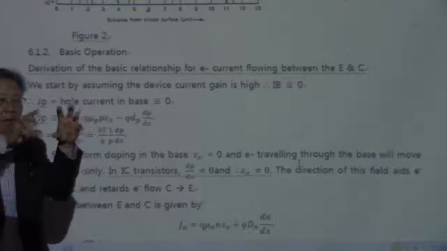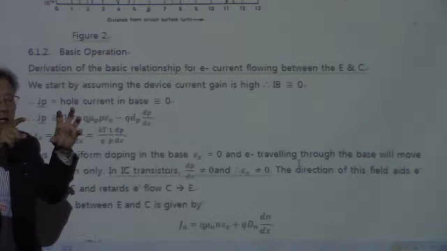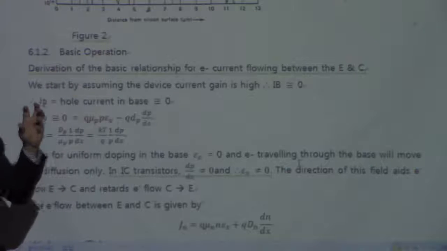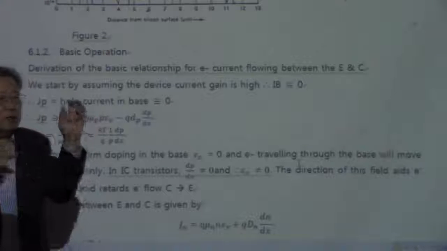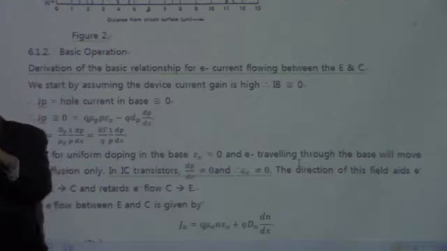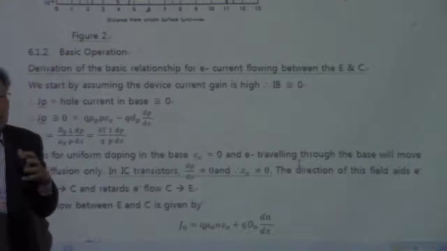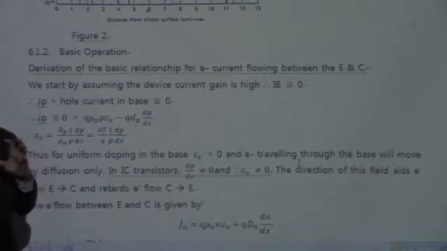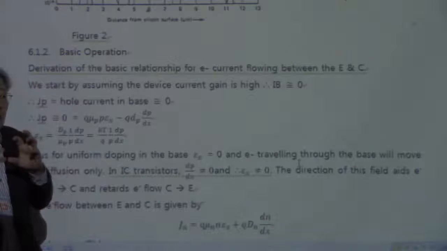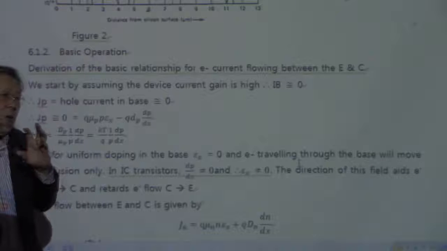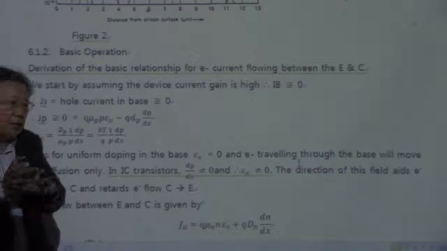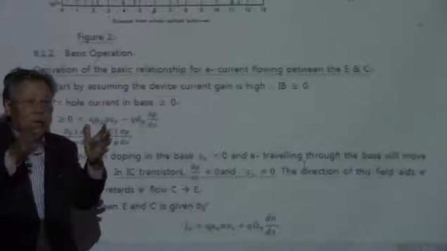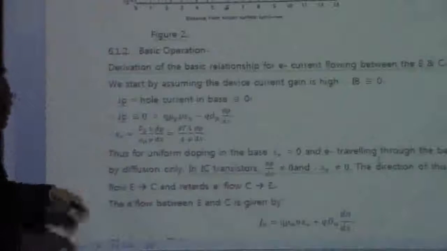And that voltage not only forces the electrons to flow from the emitter to the base, at the same time it is going to force the holes to move from the base to the emitter, with the same polarity of the voltage between the emitter and base.